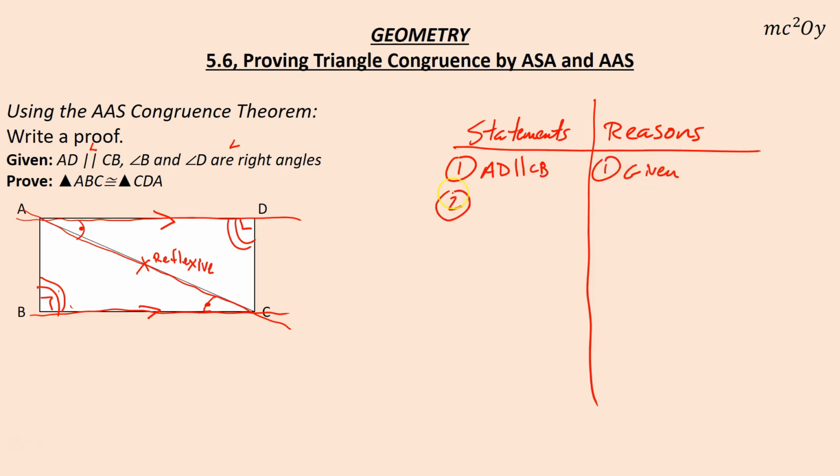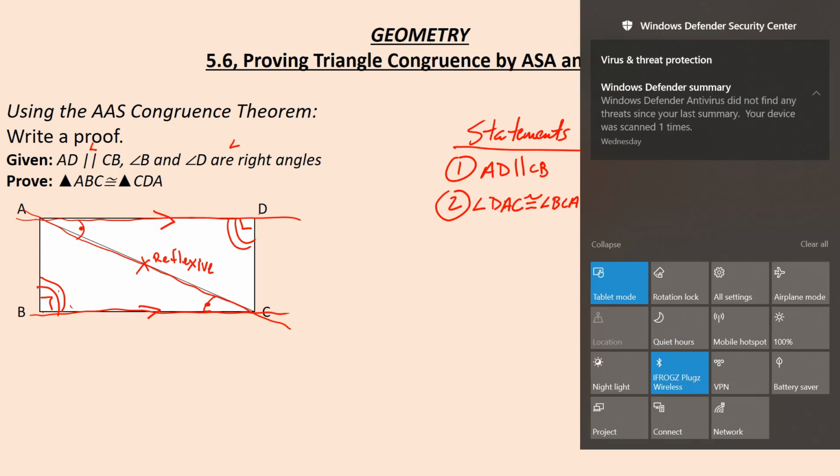And using that given, I'm going to go number 2, angle DAC is congruent to, well, D corresponds to B, so angle BCA. And that is alternate interior angles.